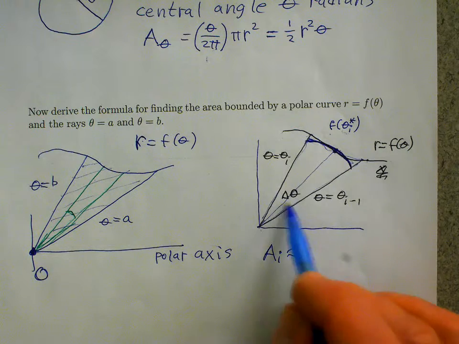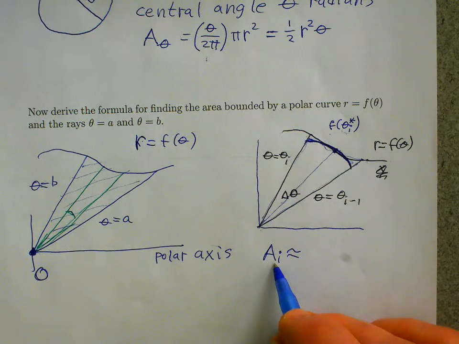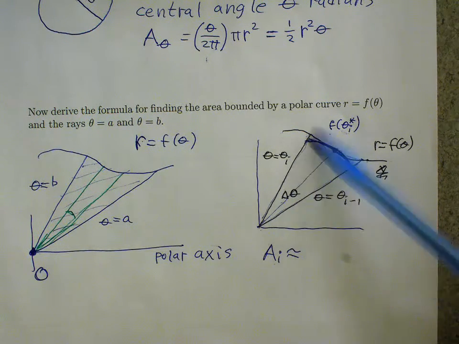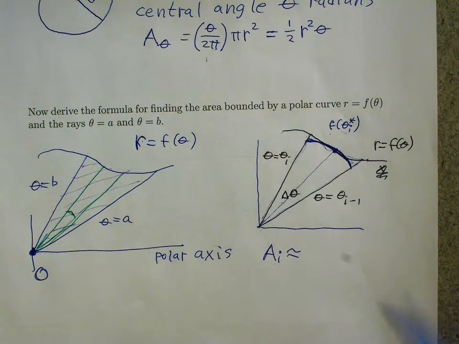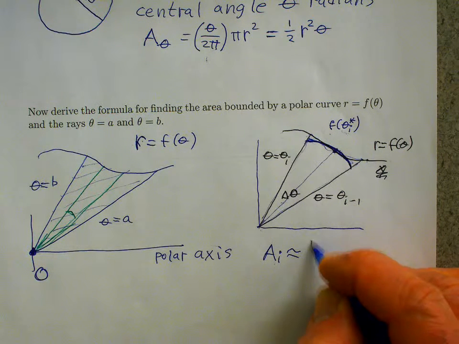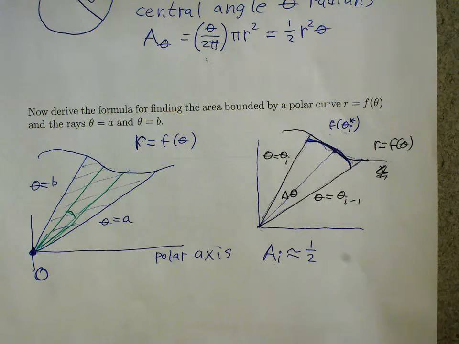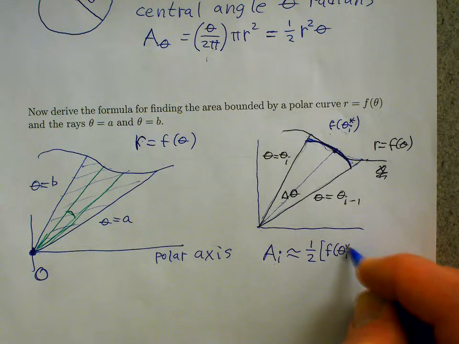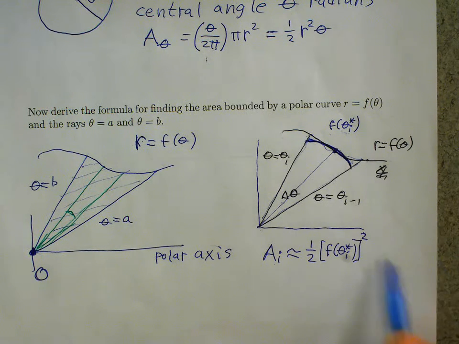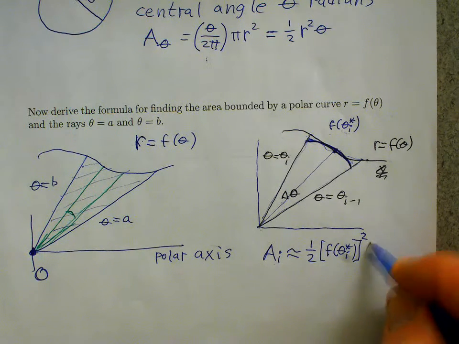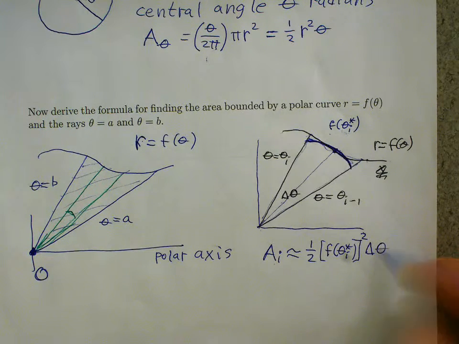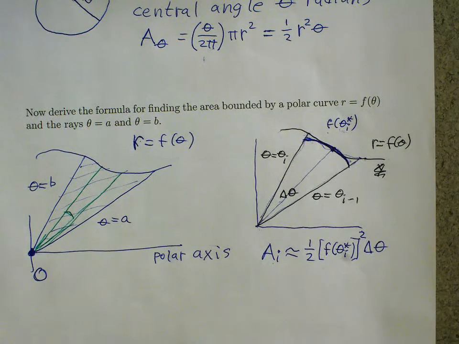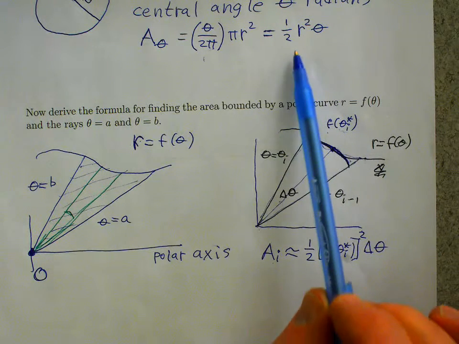Okay, so the central angle is delta theta, so the area of the polar region is approximately equal to 1/2 times the radius squared. The radius is f of theta sub i star, multiplied by the central angle delta theta. All we did was use the formula for the area of a sector of a circle.